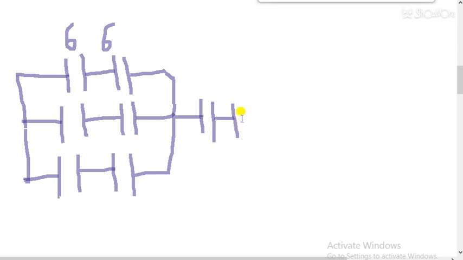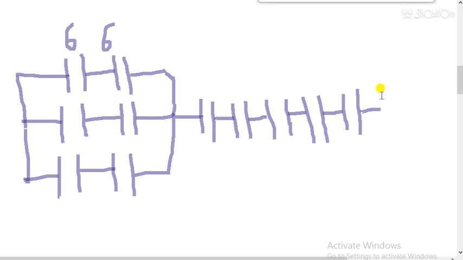Students, you can understand this question easily, and I will explain in detail. So here you will get 6, you can connect 6 capacitors. This is a very important question that you have to understand. So it is 6, 6, 6, 6, 6 and 6.